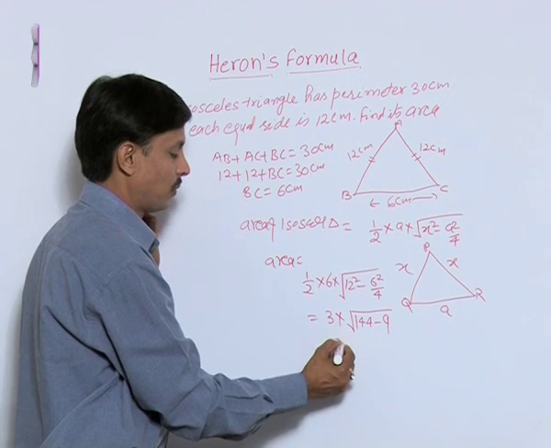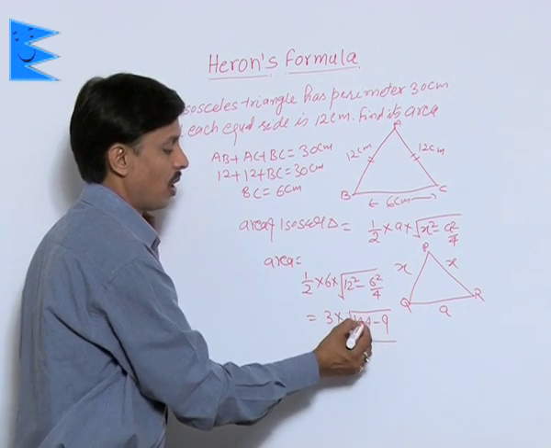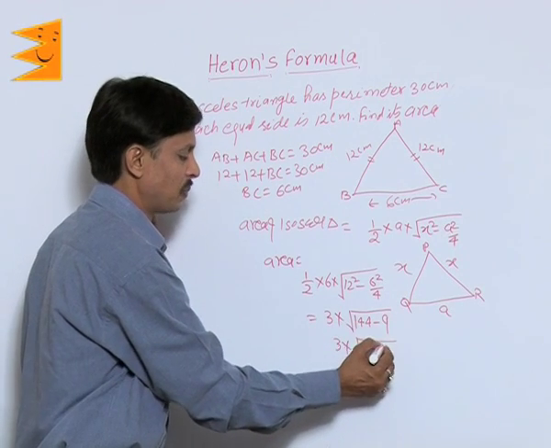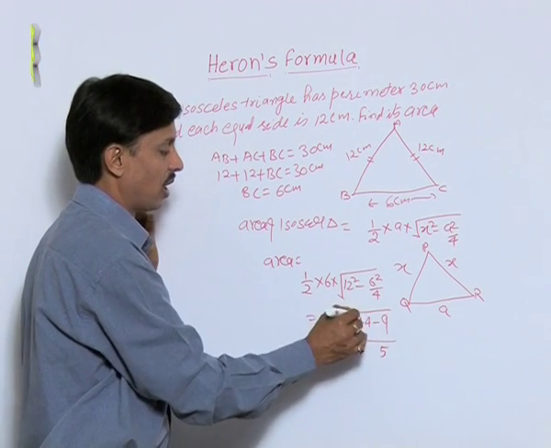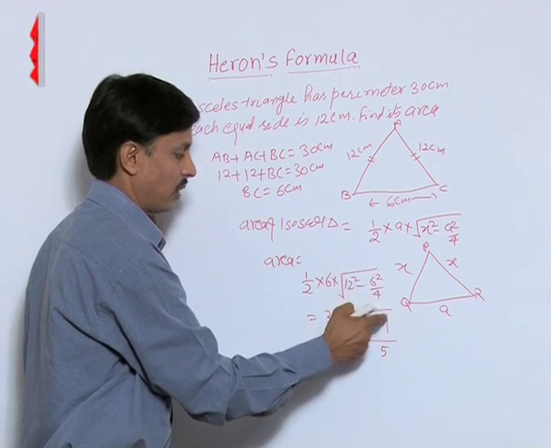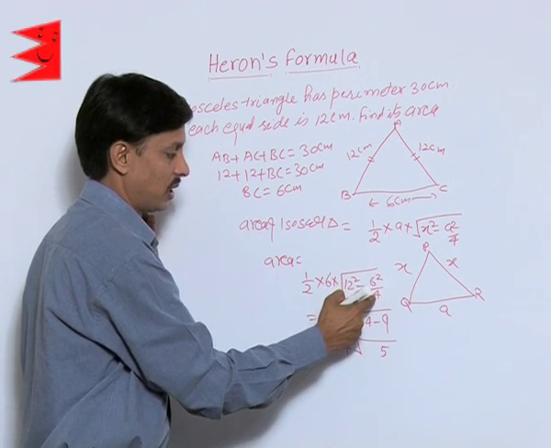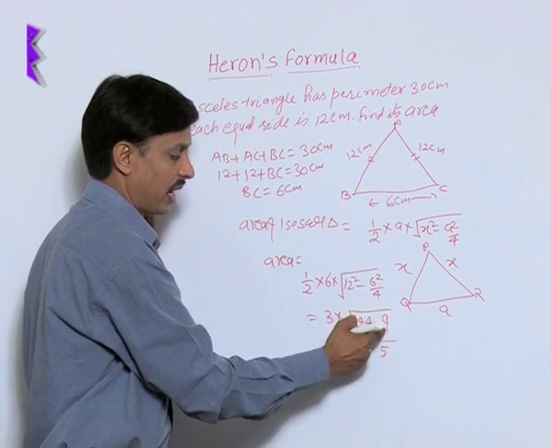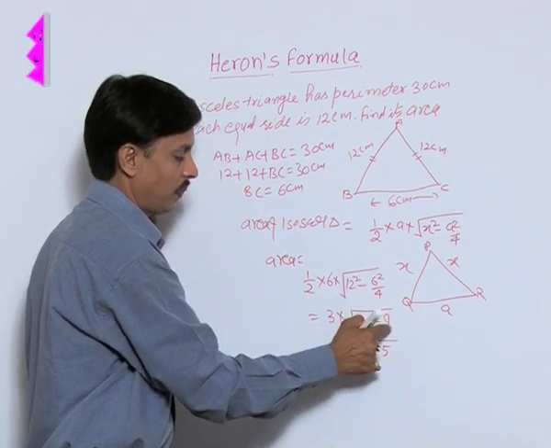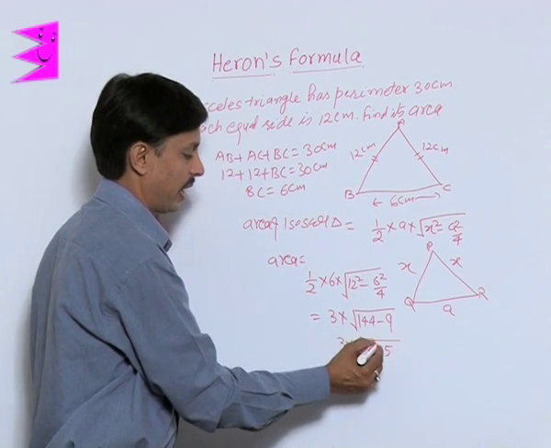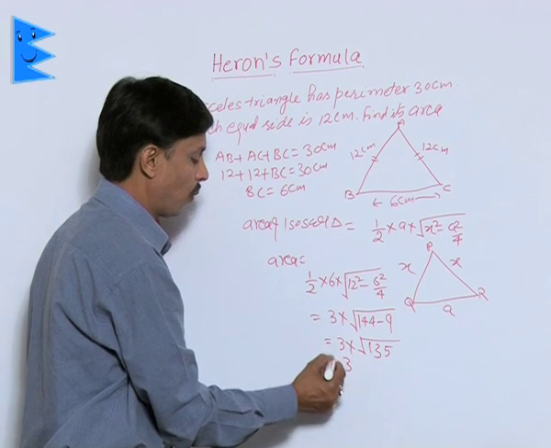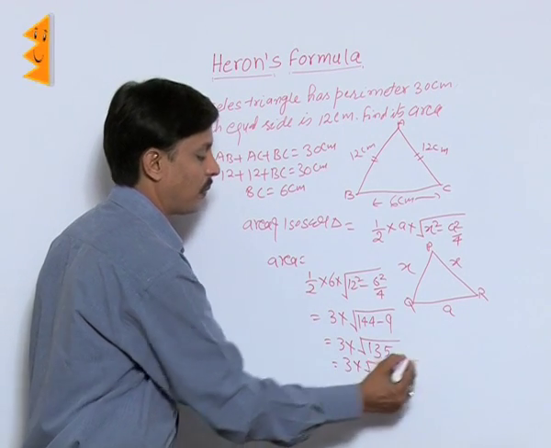So this becomes 3 into root of 144 minus 9. 6 square is 36, 36 upon 4, it is 9. So when I subtract it, 144 minus 9 becomes 135. So you can go to factorize this 135.